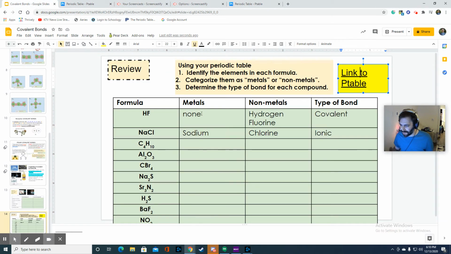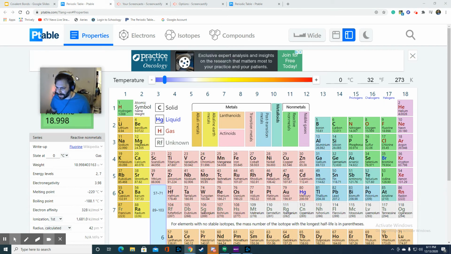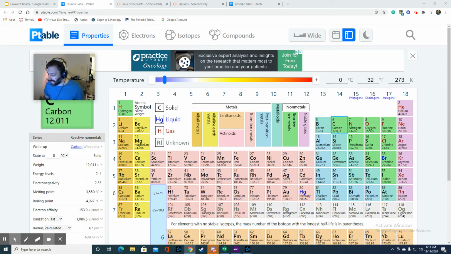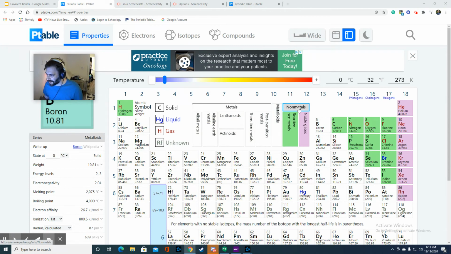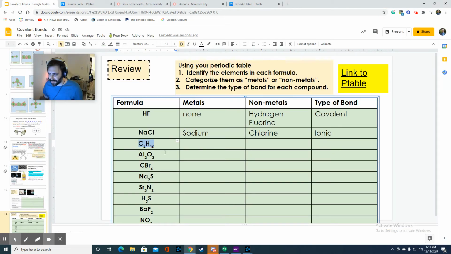All right, so the first two are done for you. What about CH4? Where's carbon? Carbon's here. If I mouse over nonmetals, it says carbon is a nonmetal. Also, hydrogen is a nonmetal. The two atoms in our formula are carbon and hydrogen. Are any of those metals? No, so put none.